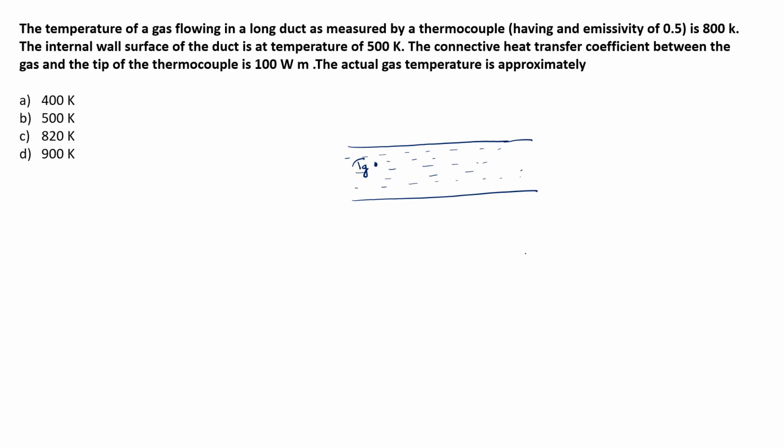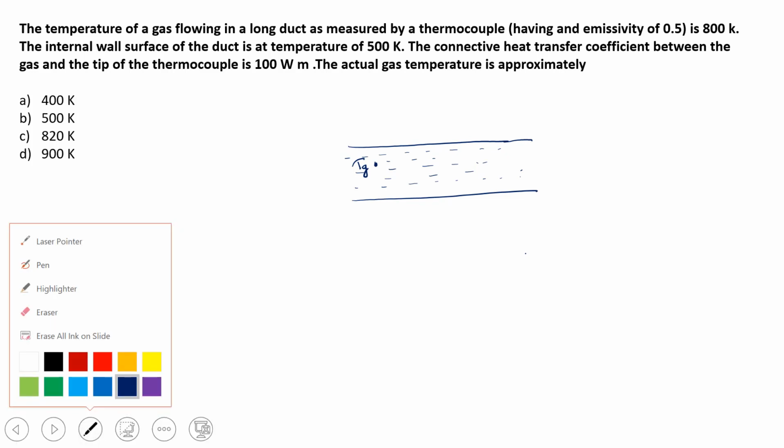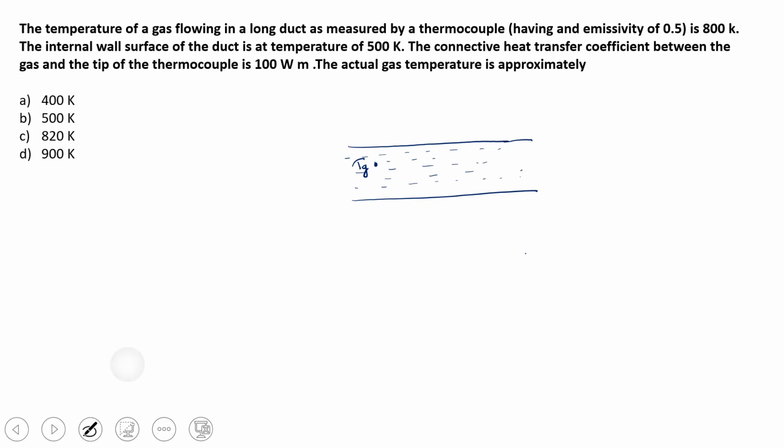Now guys, suppose there is a thermocouple attached over here. This thermocouple has a certain area, let it be A. The tip of this thermocouple shows a temperature of 800 Kelvin, which is shown after the loss.